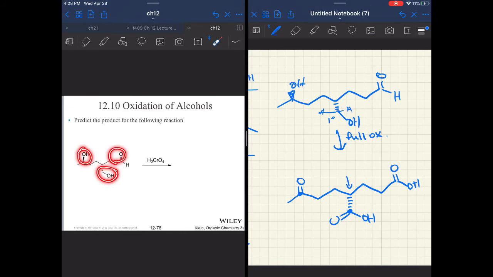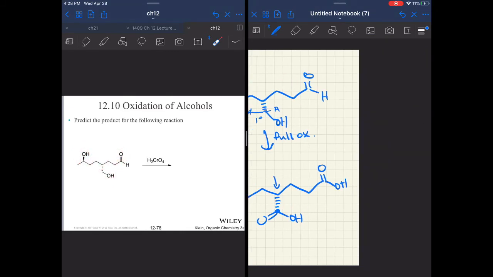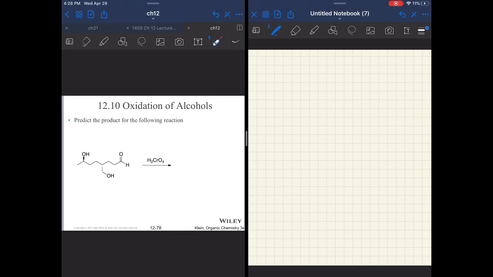I love doing that. So if I want to test your knowledge of, say, PCC, let's maybe start over there, and I want to do something like this. This is a pretty common way for me to test both primary and secondary. In fact, let's make it even better. We'll even have a tertiary alcohol in here.